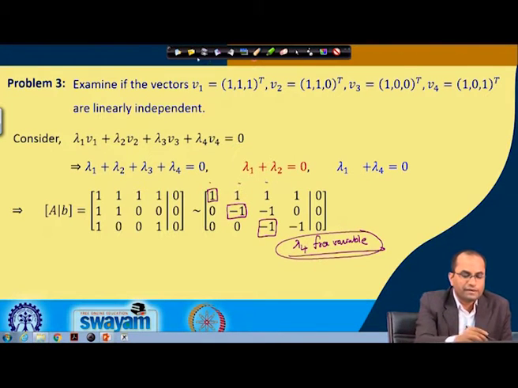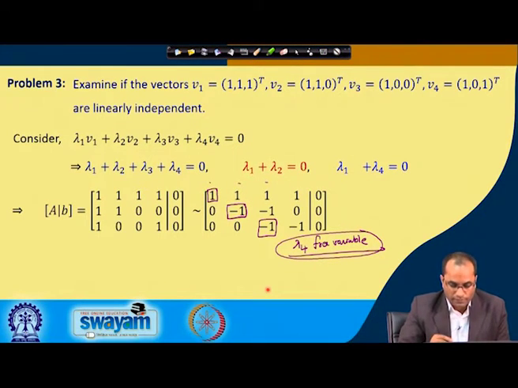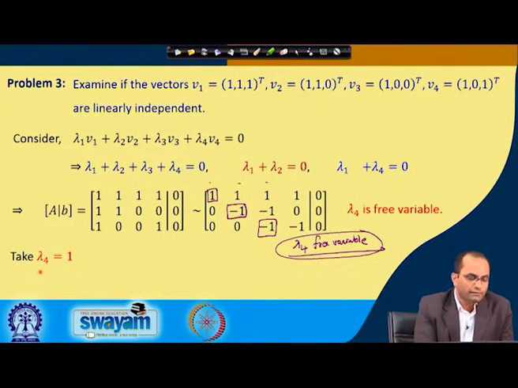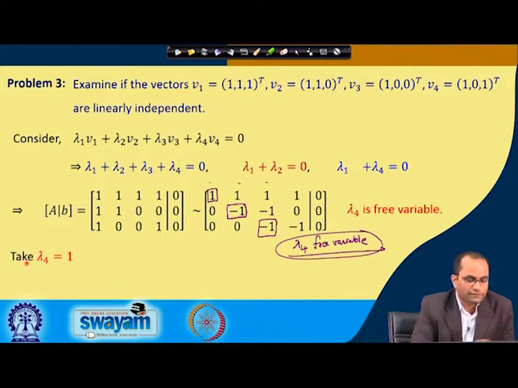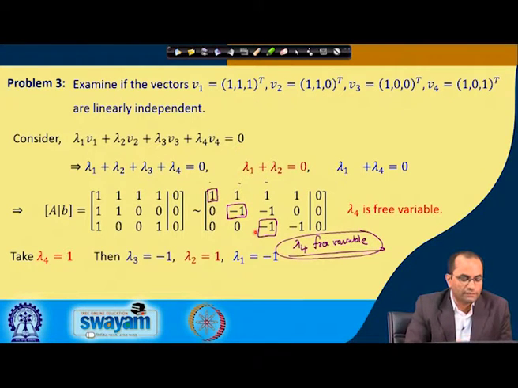In this case lambda 4 is a free variable and we can choose anything we want. So, lambda 4 for instance we have taken as 1, and then from this equation we can get lambda 3 as minus 1, from the second equation lambda 2, and from the first equation we can get lambda 1 as minus 1.